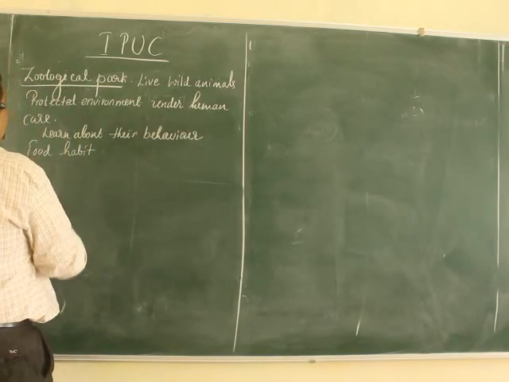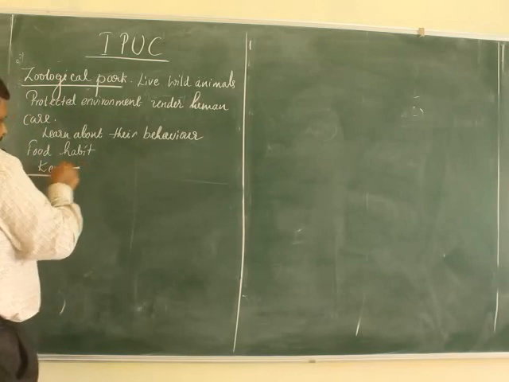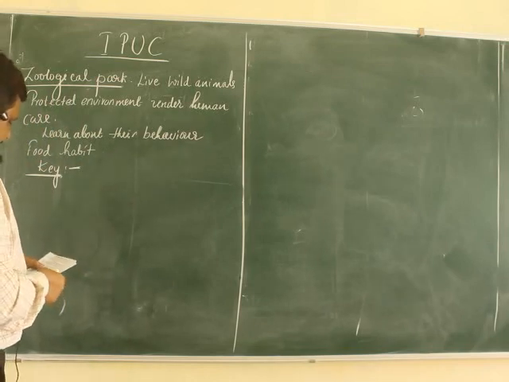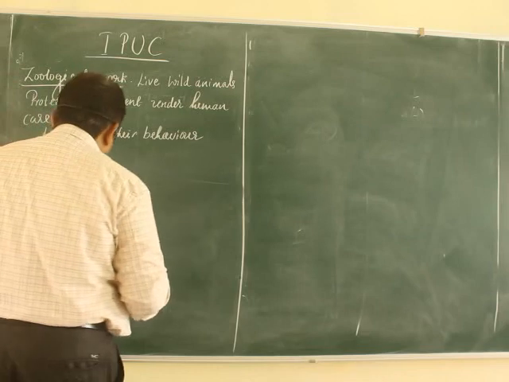And the next aid is key. What is a key? It is a device used to identify each species in a group of organisms.